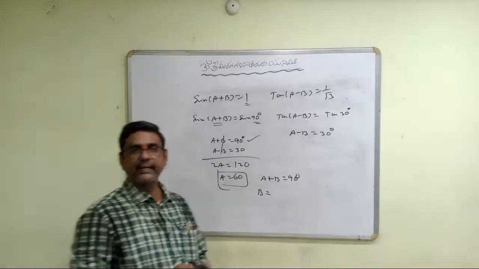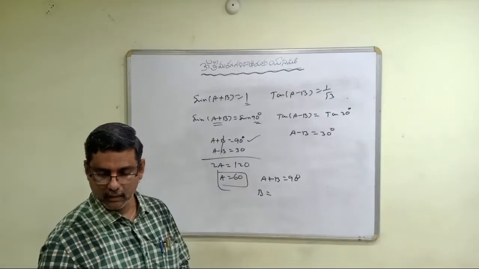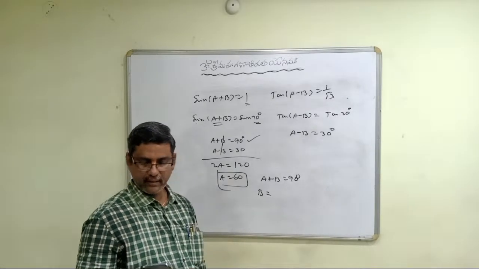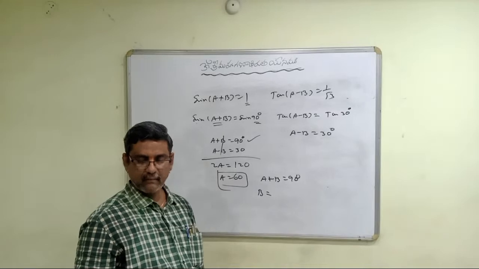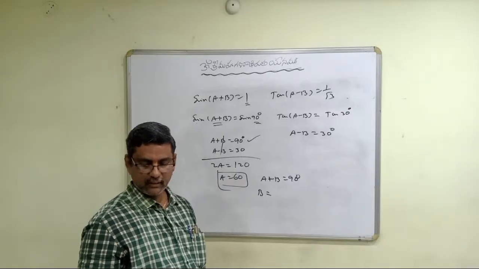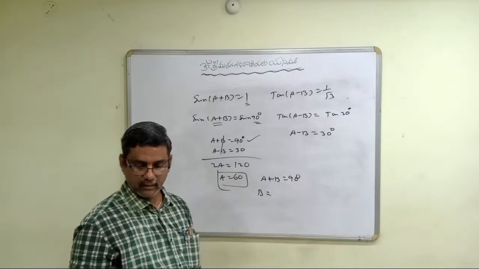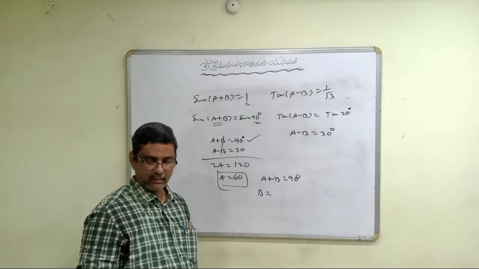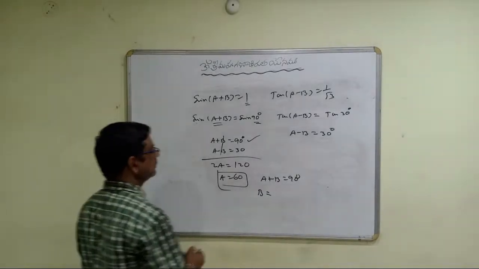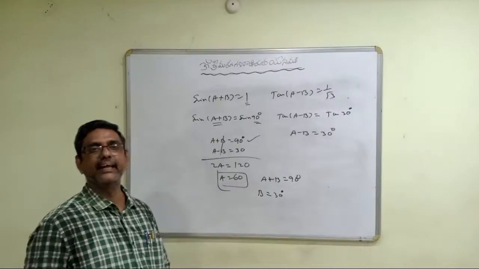Type the answer in the chat. Anyone? What is B? Yes, B is 30 degrees. Good, B is 30 degrees.